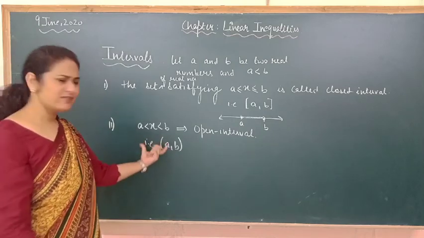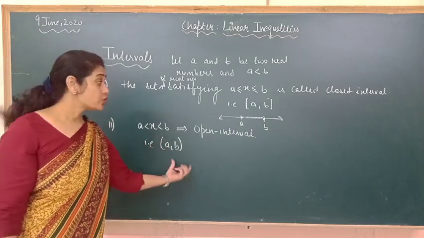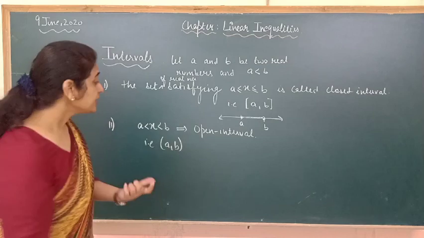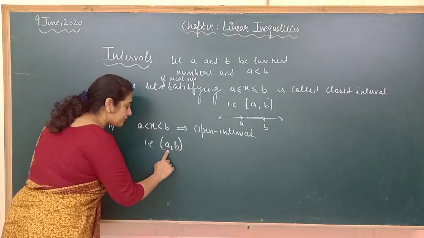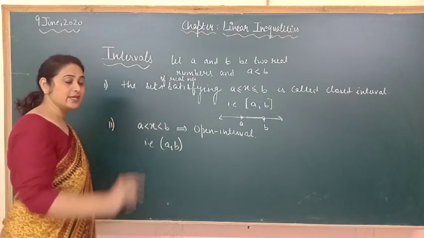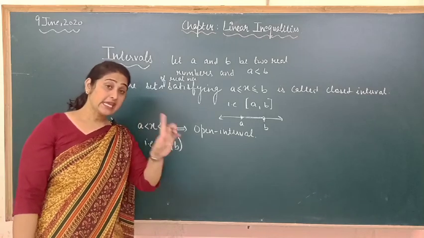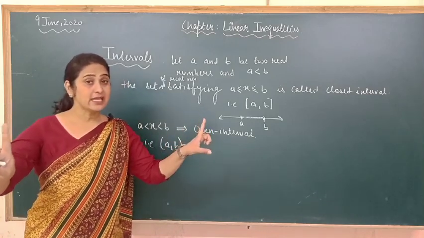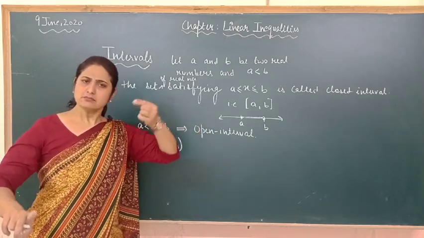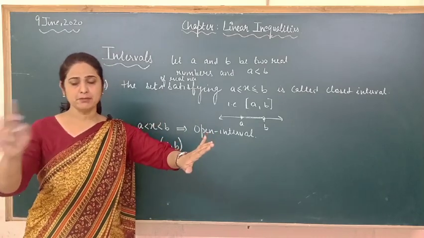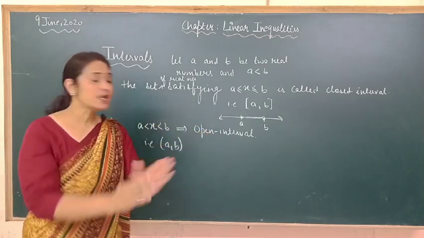Is it clear that normally we use these brackets only? But it has a meaning here. It means it has the numbers between a to b. a नहीं है, b नहीं है. Equals to का sign नहीं है. Alright? a को छोड़ के सभी नंबर, b को छोड़ के उसके बीच के सभी नंबर will come here.